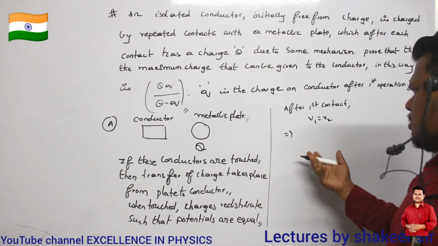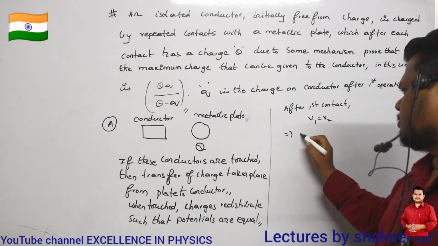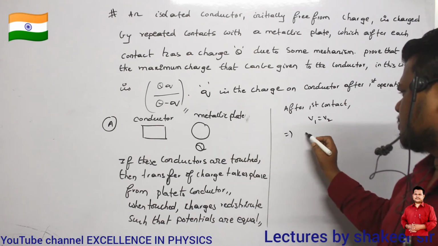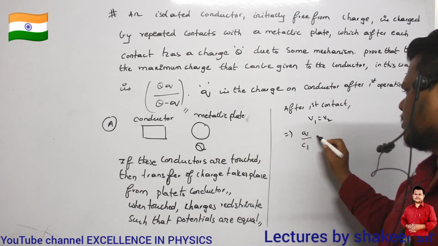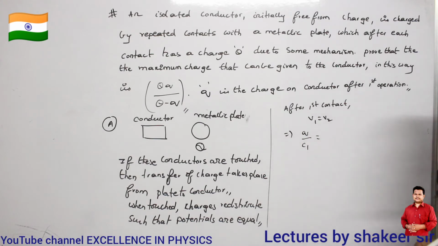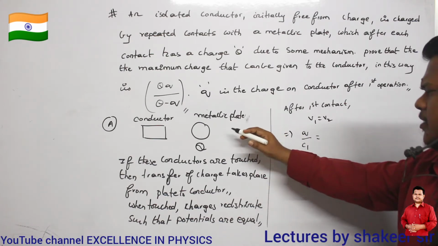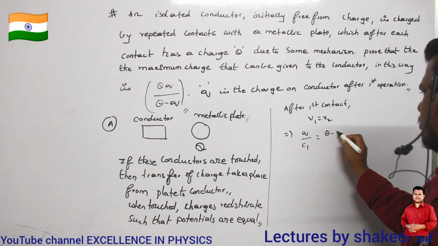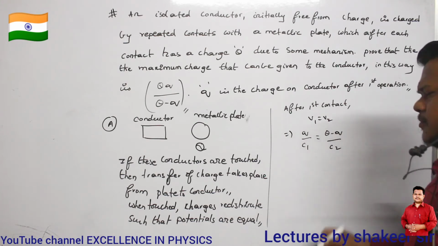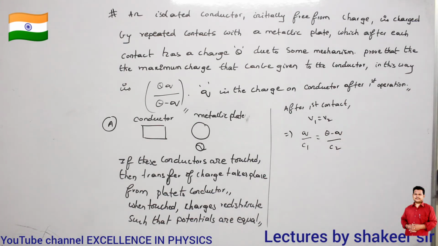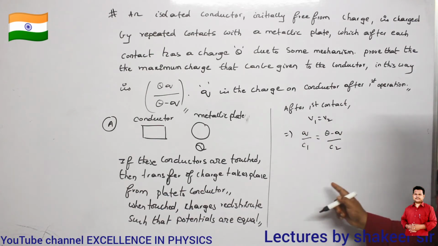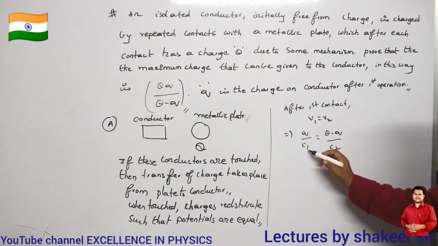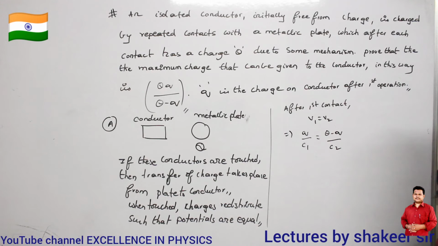V equals Q by C. So the potential of the conductor is Q divided by C1, which equals the potential of the metallic plate. It is losing Q amount of charge, so Q minus Q divided by C2. So can I write the equation like this? Q by C1 is equal to Q minus Q divided by C2.